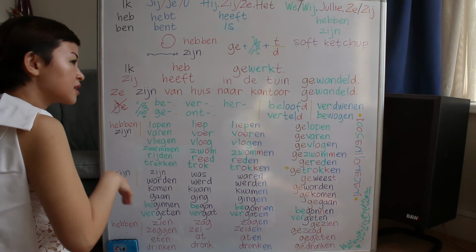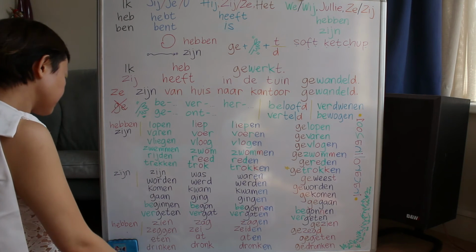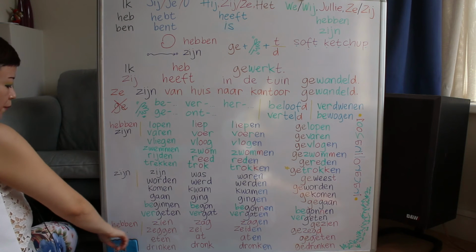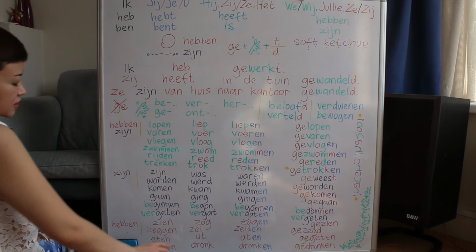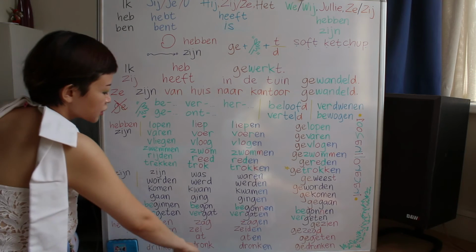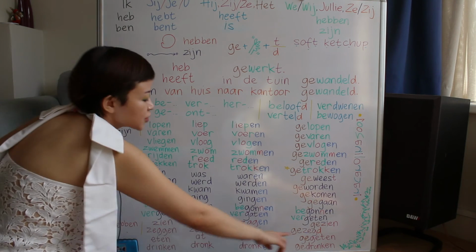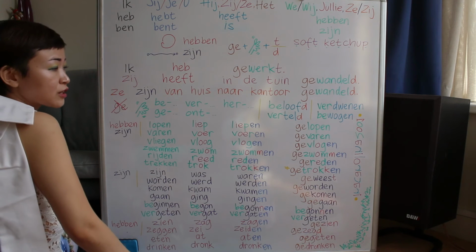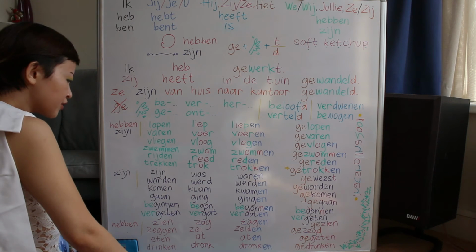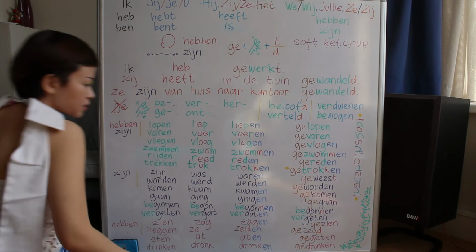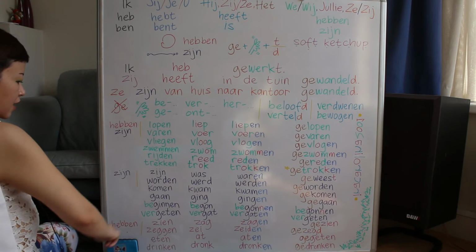Eaten, eat, ate, eaten. It works with hebben. Drinken, dronk, dronken, gedronken. Drink, drank, drunk. Gedronken works with hebben.